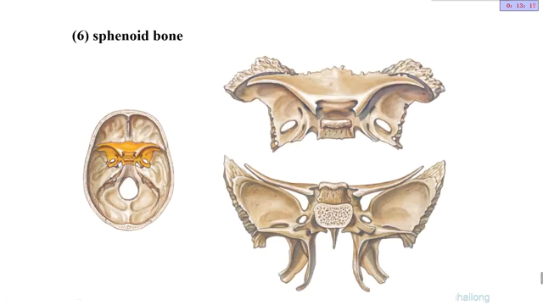The sixth one, the sphenoid bone. Just now I said it is very like a butterfly, and this butterfly has one body in the center and three wings on two sides. The first one is the greater wing. See, this one is the greater wing. A very big wing.